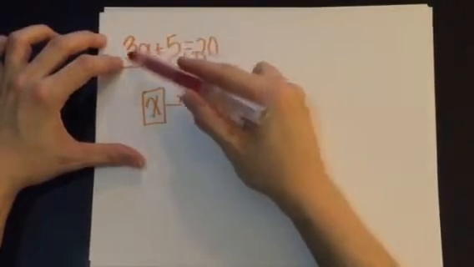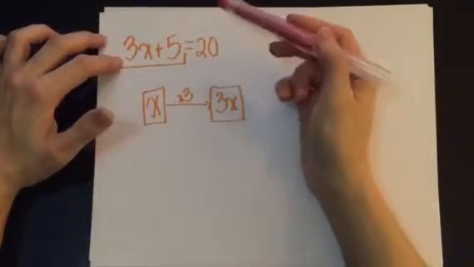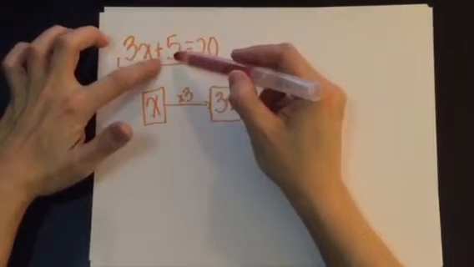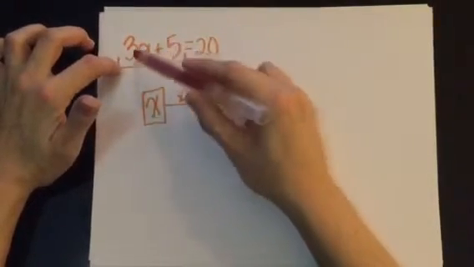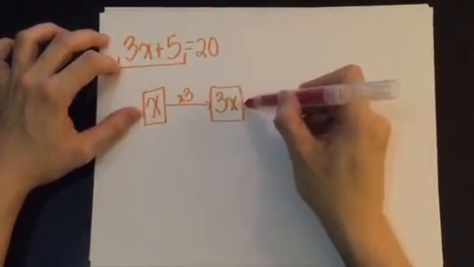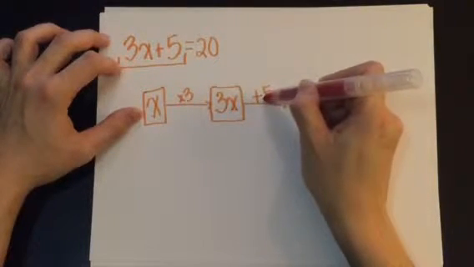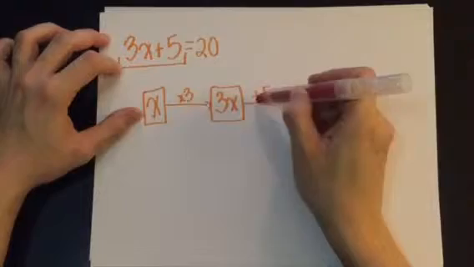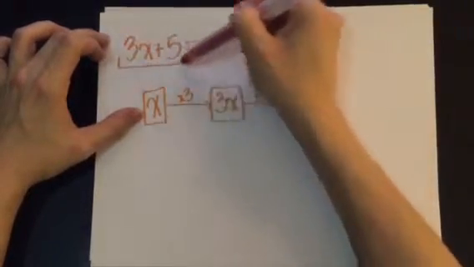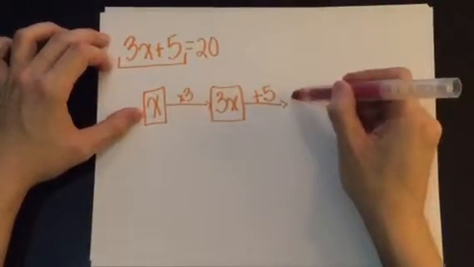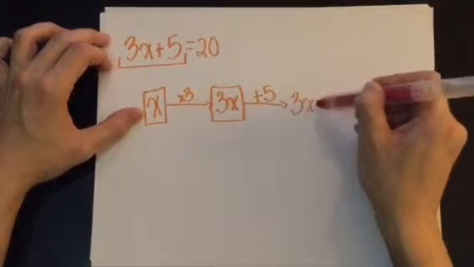Okay. Is there anything being added or subtracted now? Yes, we are adding 5 to 3x. So we're going to have a second flow here. And when we have 3x plus 5, we end up with this left side of the equation, or the variable side of the equation.